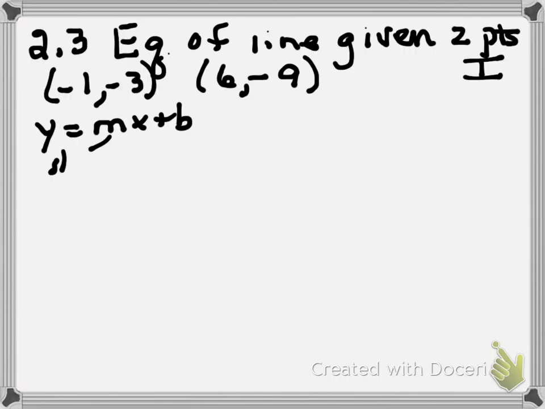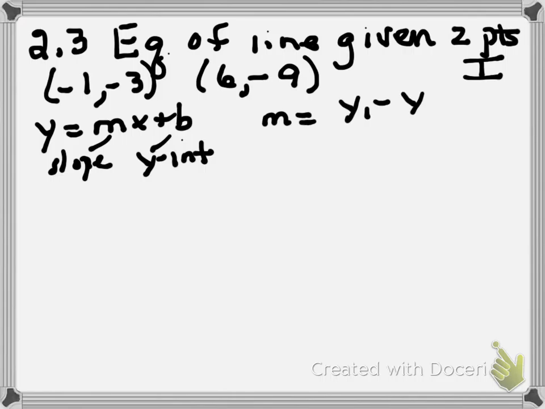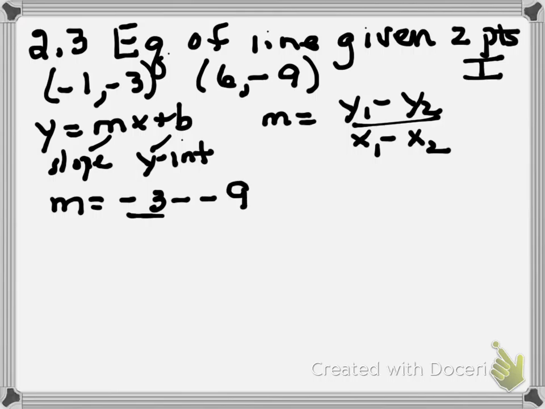M is the slope, B is the y-intercept. Slope is equal to the change in y over the change in x. So I first want to find the slope. Doesn't matter which point you start with, just be consistent for both x and y. So I have negative 3 minus a negative 9 in the numerator, and negative 1 minus 6 in the denominator.